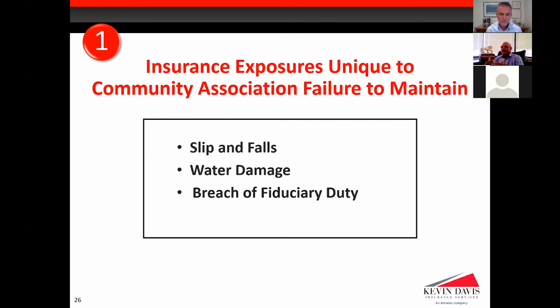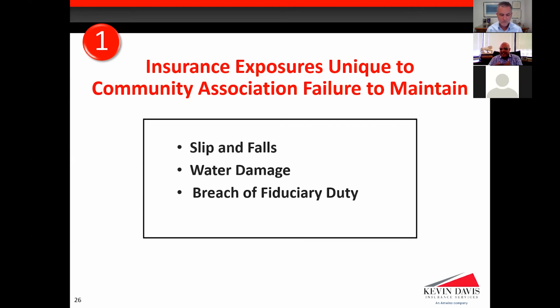They don't want to increase them. They don't want to fund the reserves. So as a result, we see more slip and falls, from leaky roofs, crumbling roads, parking, unsafe balconies, all the pictures that Robert showed earlier, that lead to slip and falls and dangers under the general liability. We all see lots of water damage claims, sewer backup, broken pipes, leaky appliances, all because of deferred maintenance.